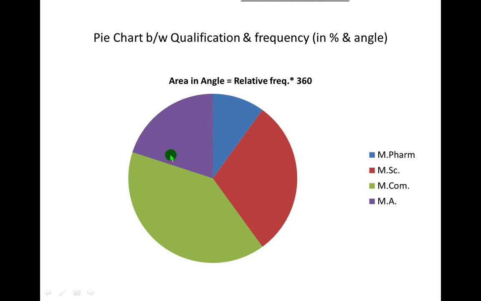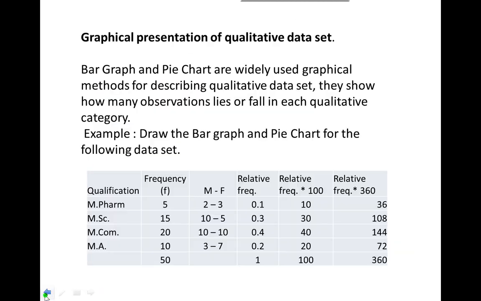This area will represent 108 and this is already 36 degrees. Then next is the 144. If you add 36 plus 108 plus 144, this plus this plus this, it is equal to 288.